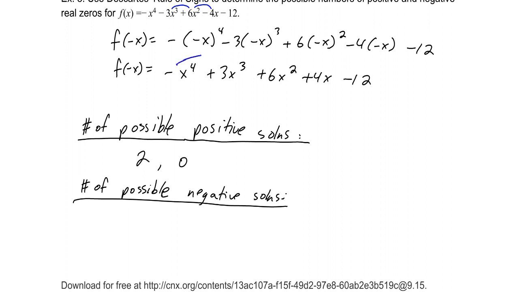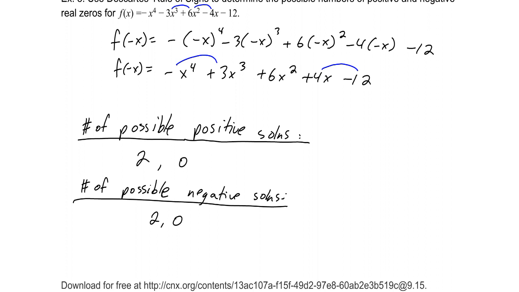So we have negative to positive, positive to positive, positive to positive, positive to negative. So that means there are potentially 2 or 0. It's the same idea based on the number of sign changes. So we could have 2 possible positive solutions or 0, or we could have 2 negative solutions or 0.